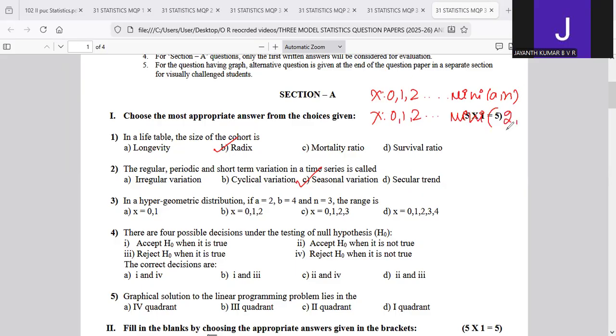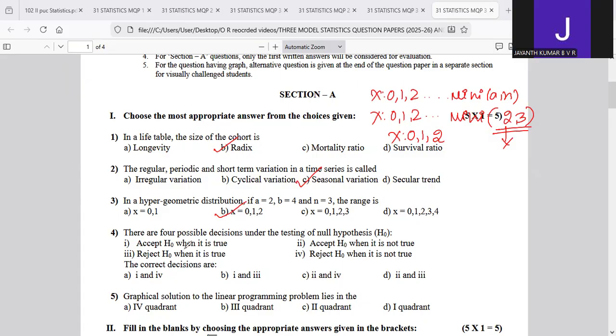N value is 3. The minimum of 2 comma 3 is 2. The answer is 0, 1, 2. So option B.